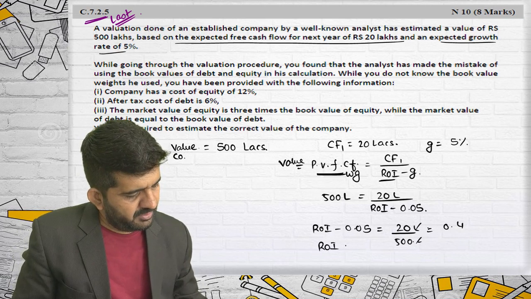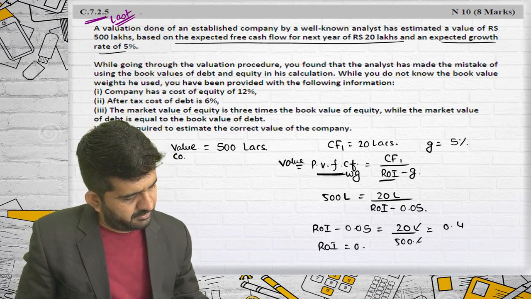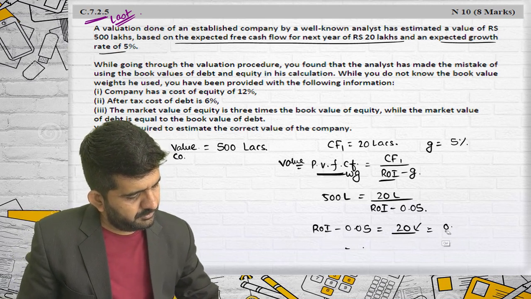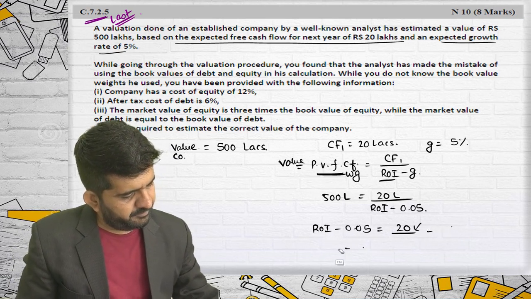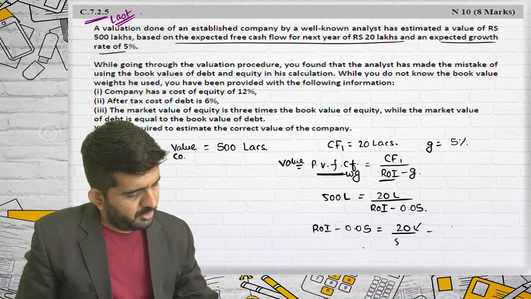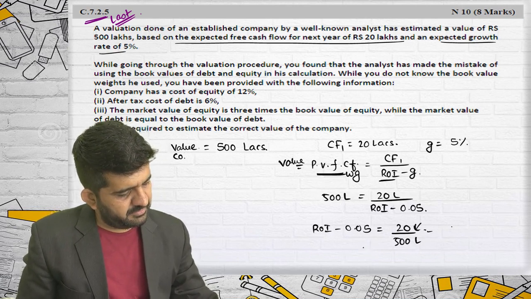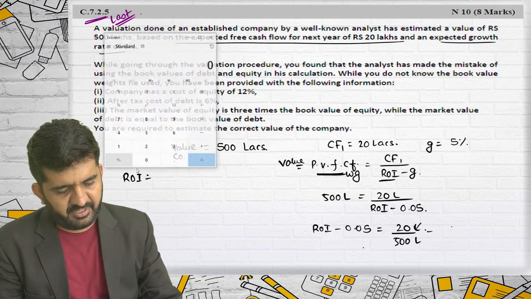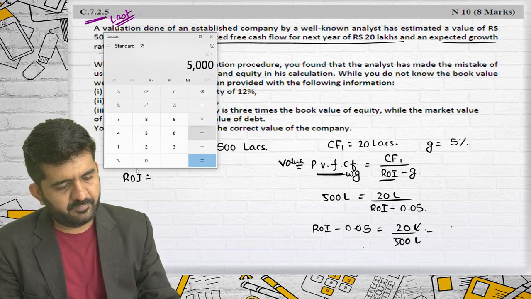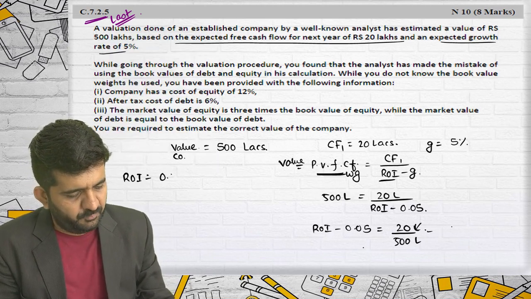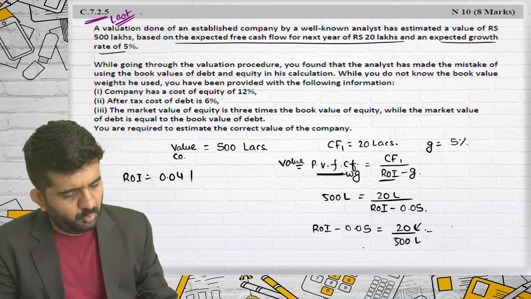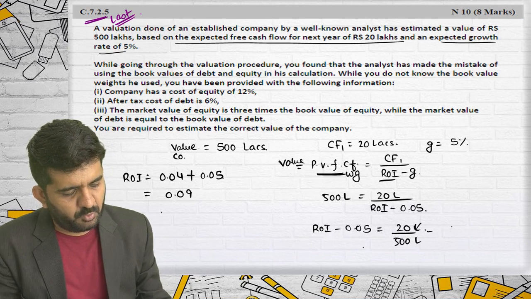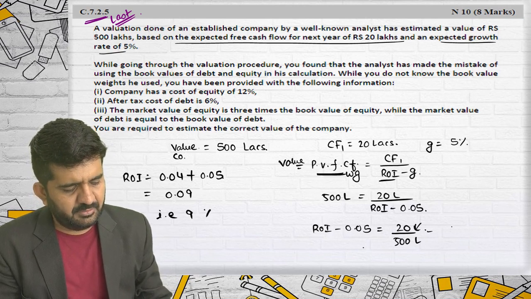Let me do it properly. 20 lakhs divided by 500 lakhs. So ROI will be 20 divided by 500, which is 0.04. This will go over here and become plus 0.05. This will be 0.09. That is 9%.